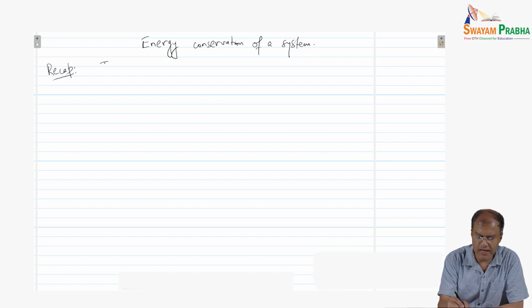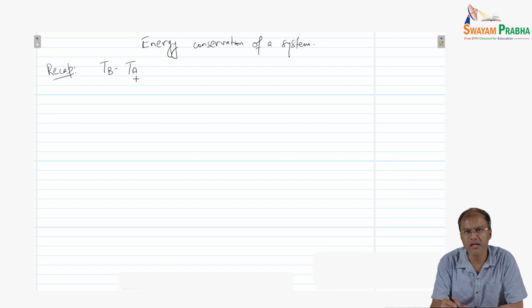that we are talking about a system from configuration A to a new configuration B. So A and B denote the configurations.